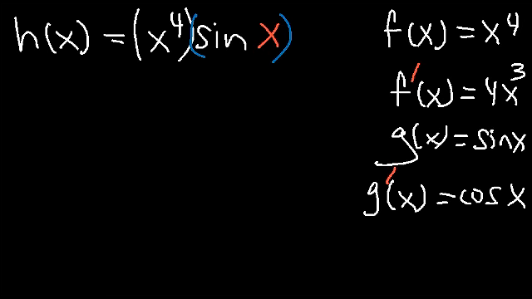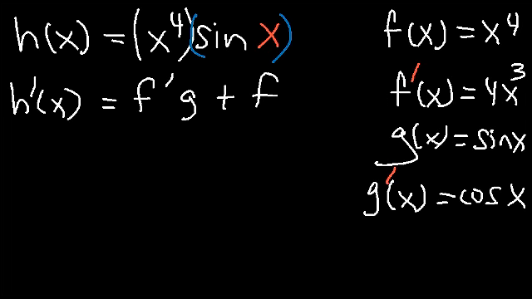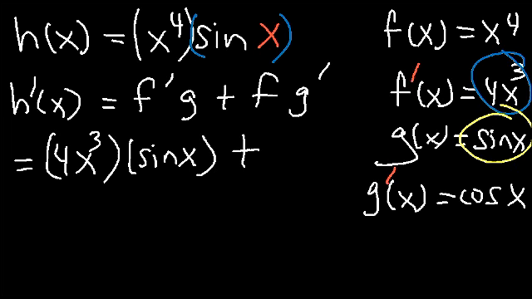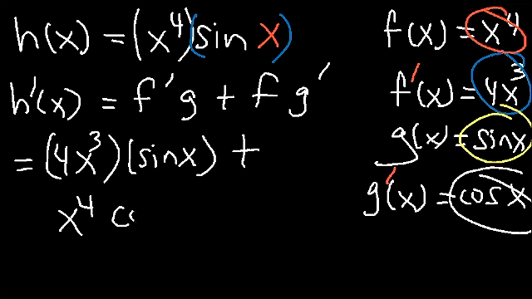So using the product rule formula, h prime of x is going to be f prime times g plus f times g prime. So f prime, that's 4x cubed. g is sine x. And then it's added to f, which is x to the fourth, times g prime, or cosine.